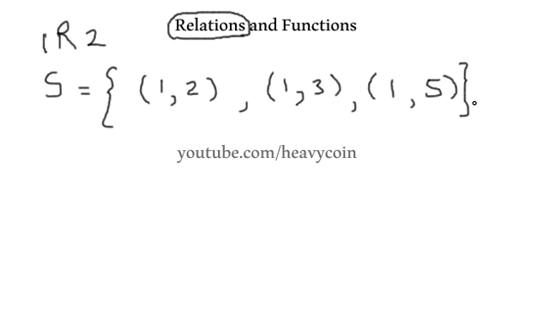Certain relations have properties, like 2 is related to 1 and 1 is related to 2. That's the reflexive property. We're not going to get into all those properties; that's more of a different course. But there is a special kind of relation that we're going to be mostly focusing on in this course.